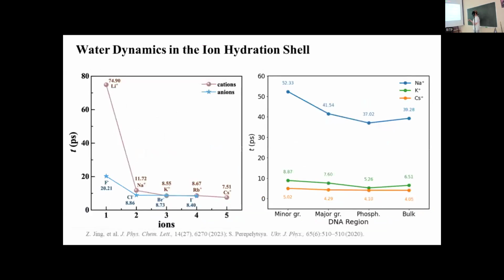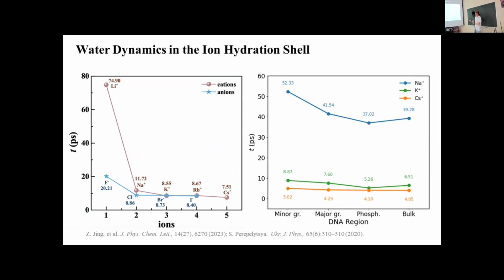So the dynamics of the water molecules in the ion hydration shell can also be probed using the MD method. The left graph shows the residence time of water around the ions in the bulk solution.